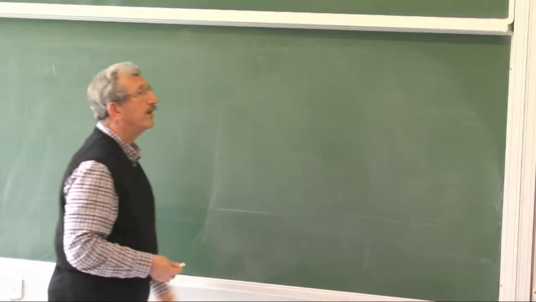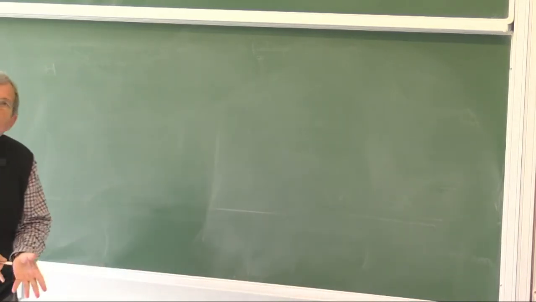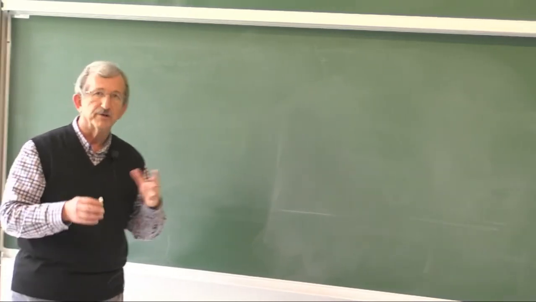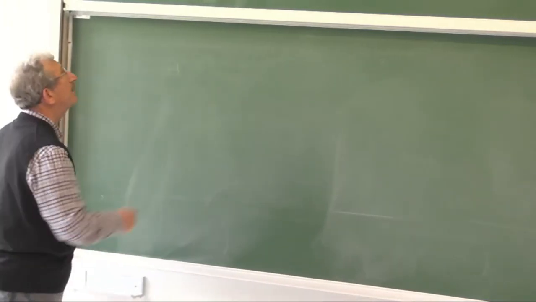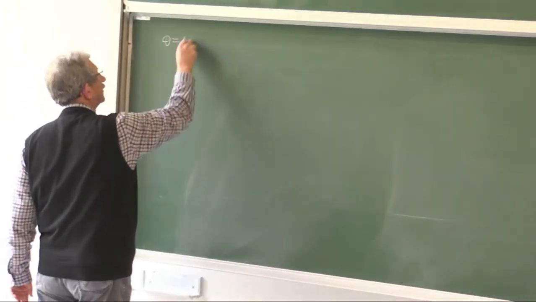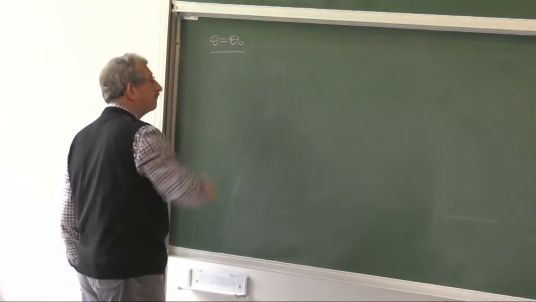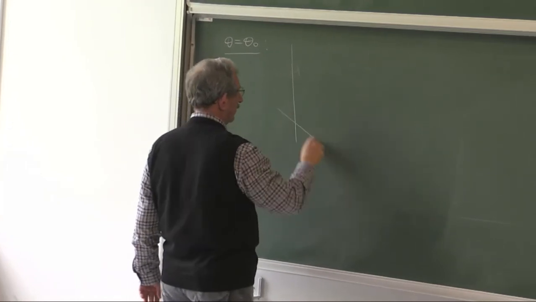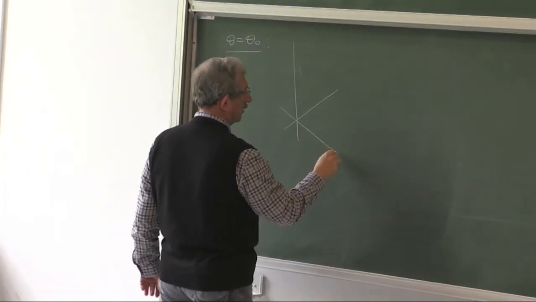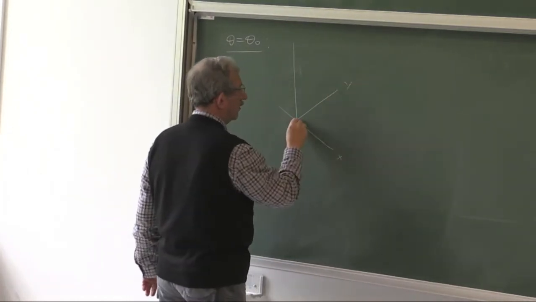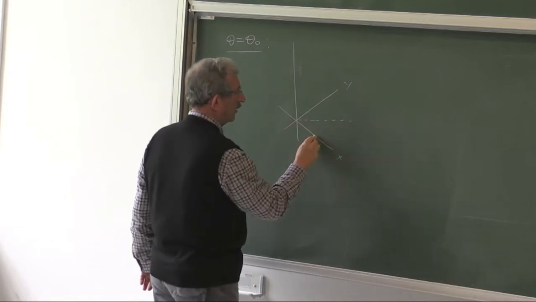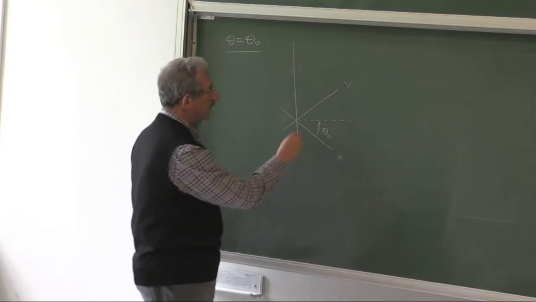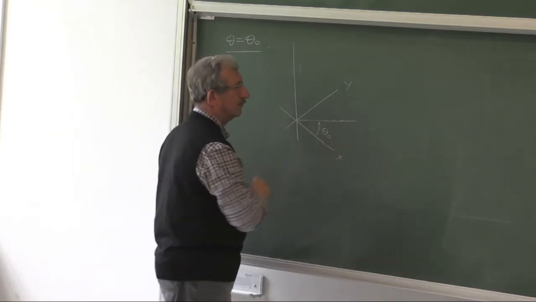So the circle in polar r, being constant, is now a cylinder. Okay. And what happens if theta is constant? Well, if theta is constant, then we end up with this whole line in question.